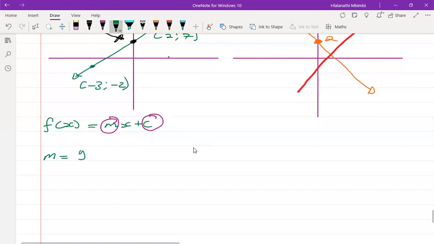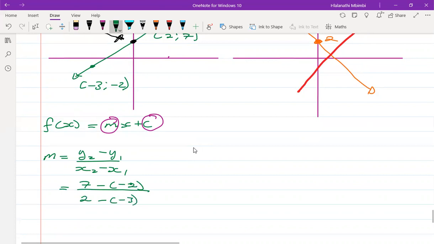It's y2 minus y1 divided by x2 minus x1. Do you want to calculate that numerically and let me know what it is? 7, that's going to be -2.